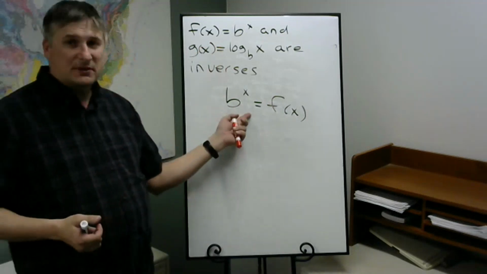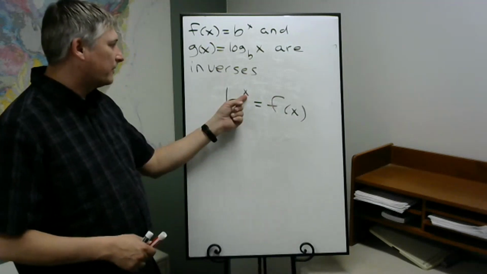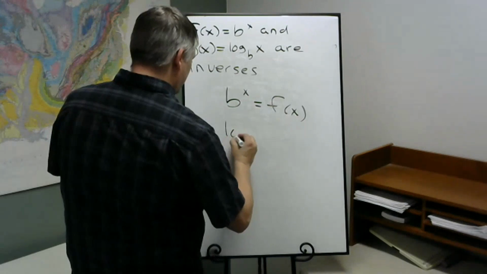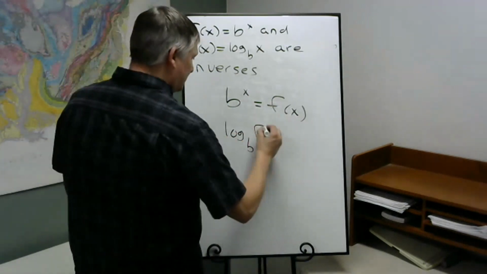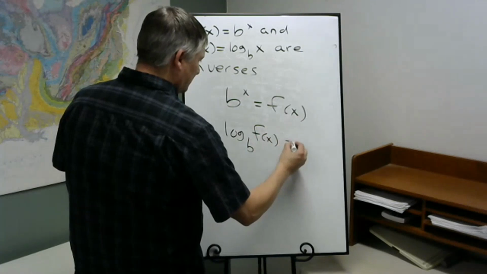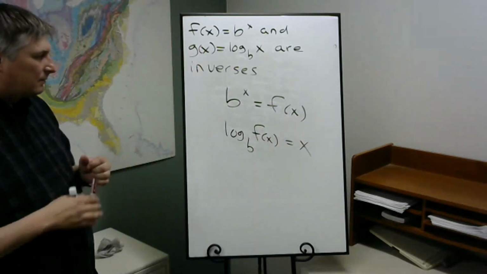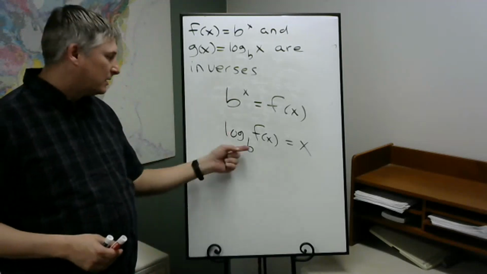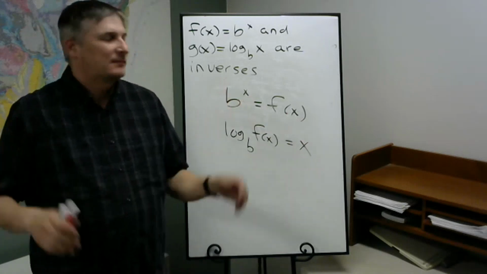Now, since this is the case, we can construct a logarithm. Base, power, number. So the logarithm of that base applied to the number gives us the power. Okay, that's just turning an exponent into a logarithm. B to the x equals f of x.